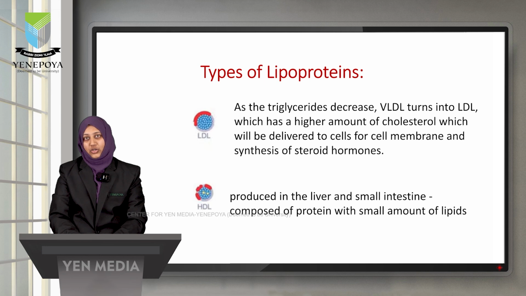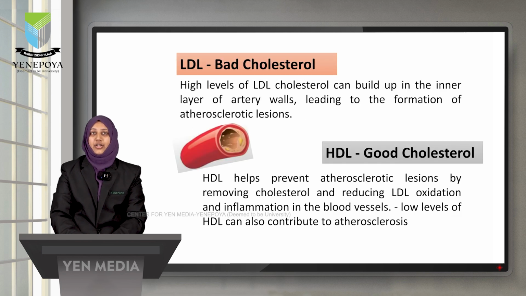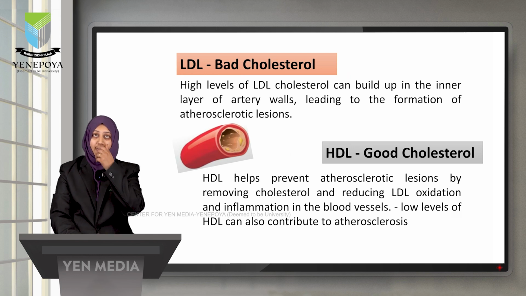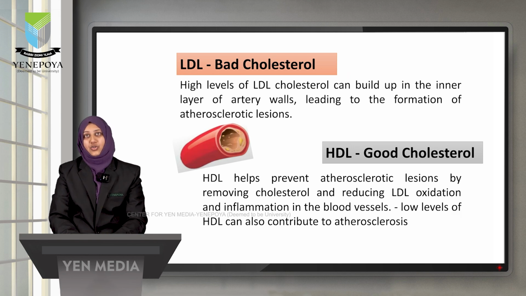Here you can see low density lipoprotein, which is also called bad cholesterol. High levels of LDL cholesterol can build up in the inner layer of artery walls, which leads to the formation of atherosclerotic lesions. Whereas high density lipoprotein is also called good cholesterol.